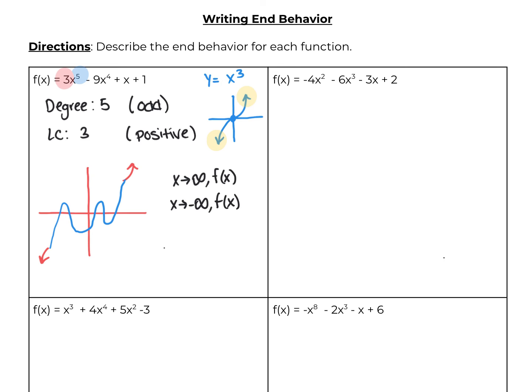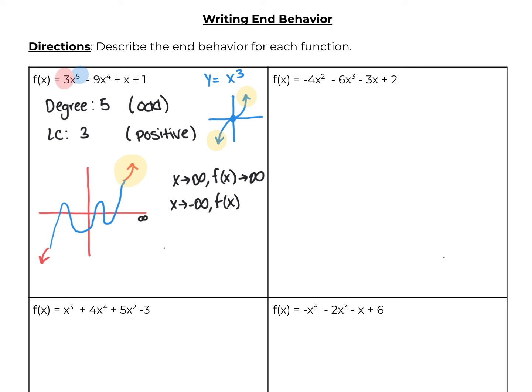So let's talk about positive infinity. As the values for x get bigger and bigger and bigger, the graph is going to the right and getting closer to positive infinity. So as the x values go to infinity, the y values, or your f of x values, are going to positive infinity because this is going up.